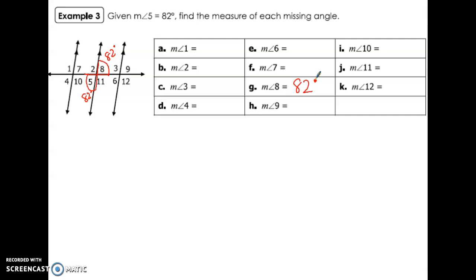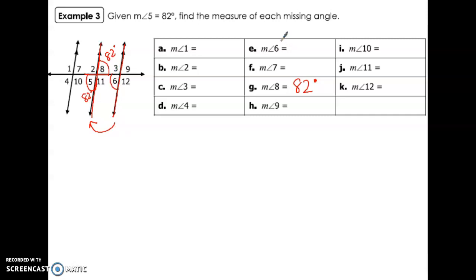You could pretty much go whatever way you felt like. So if we're talking about angle 5, I could also say, well, let's look for its corresponding angle. If I'm focused on these two parallel lines, if I laid them on top of each other, what angle would be on top of angle 5? In this case, angle 6.